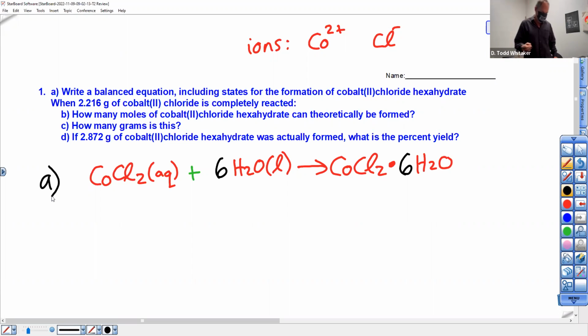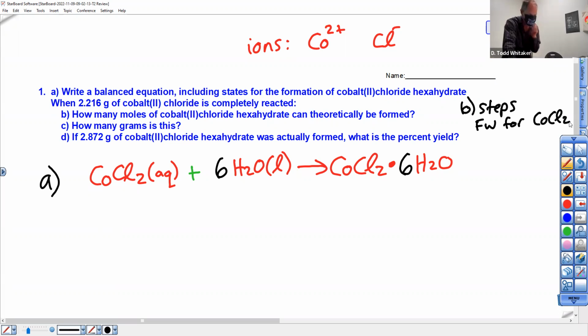2.216 grams of cobalt(II) chloride. You need steps. This is kind of an advanced question, so if it shows up on your test, I'm going to give you steps. So for B, steps. You need the formula weight for CoCl2.